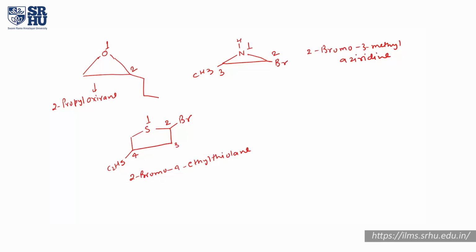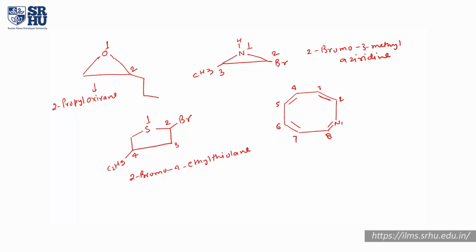Now let's give one more example of a larger compound. Let's say we want to give the name of this compound. So we are having this compound, and now how to give the nomenclature of this compound? You see that the number of members are 1, 2, 3, 4, 5, 6, 7 and 8.